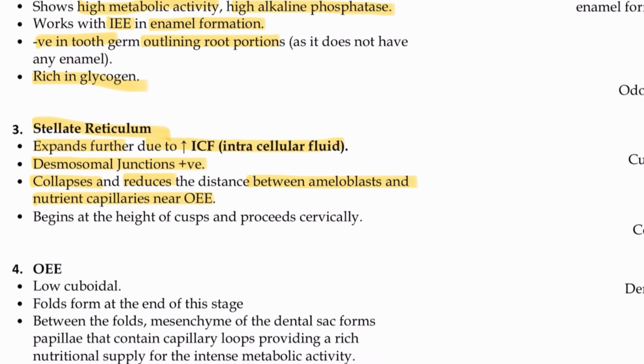The stellate reticulum is collapsing in the middle. It will reduce the distance between the ameloblast, that is the inner enamel epithelial cells, and the nutrient capillaries, which are present outside the outer enamel epithelium. Basically it is reducing the difference between the IEE and the OEE. And it begins at the height of the cusps and proceeds cervically. Same here also: first in the cusps and then in the cervical region.